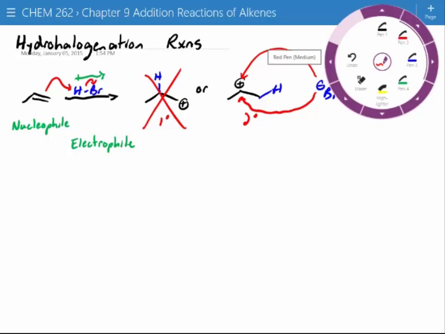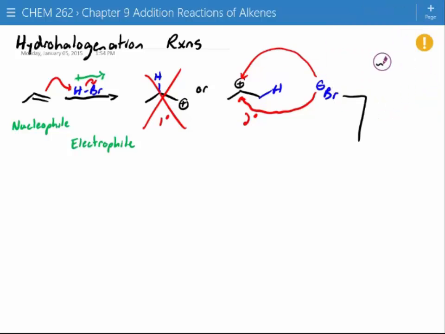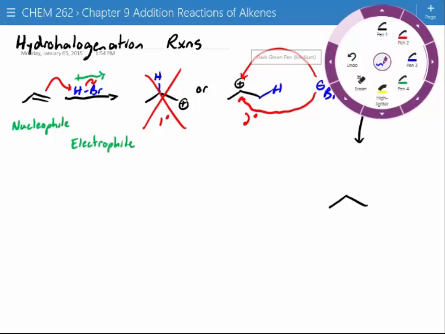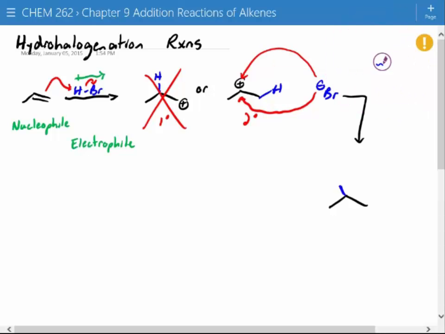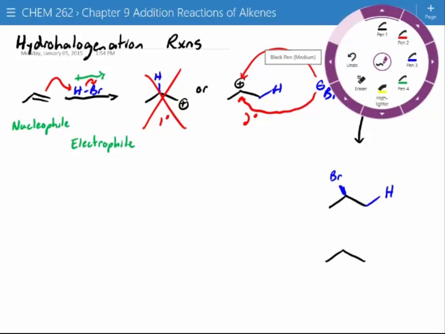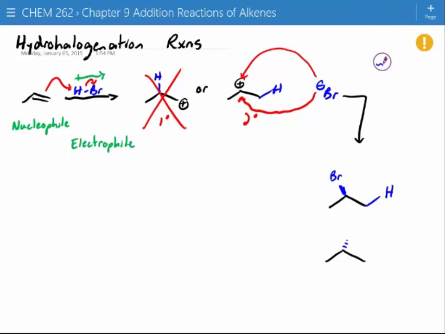So if we look at the product of this reaction, we've got one where this bromine is adding from the top. And let me fill this in here. And we've got another one where it's adding from the bottom face.